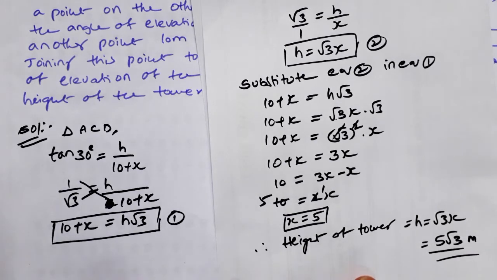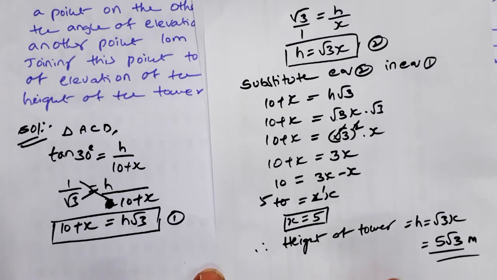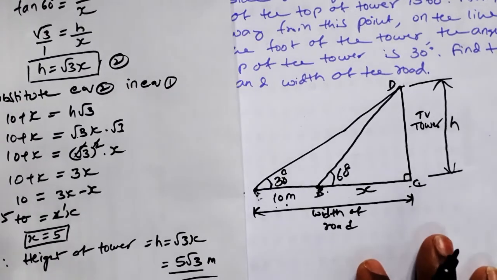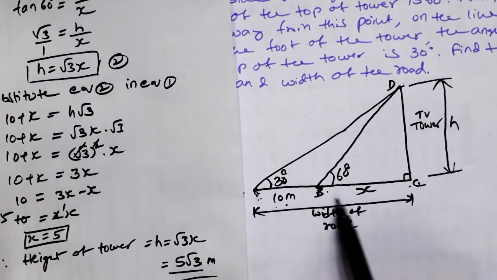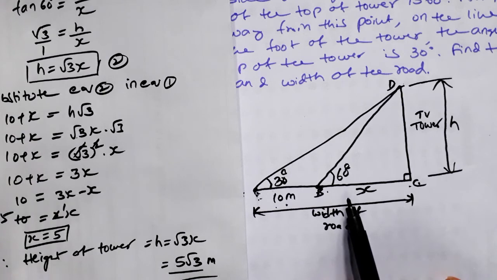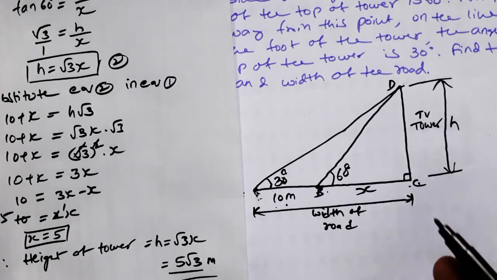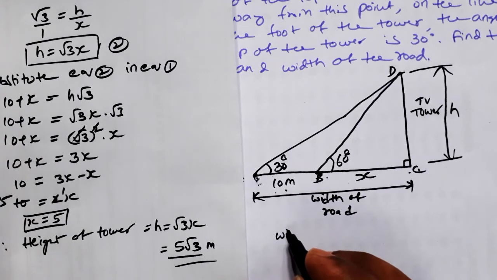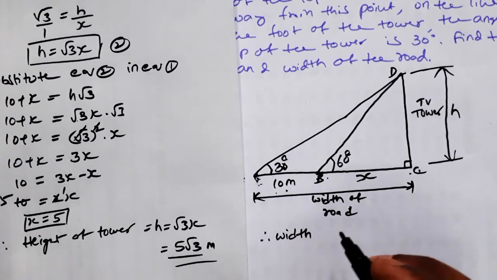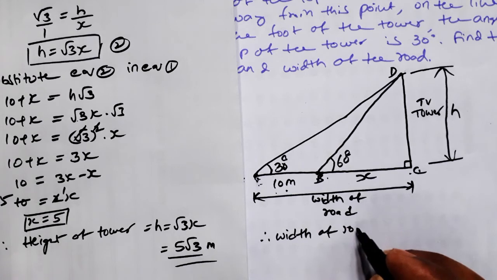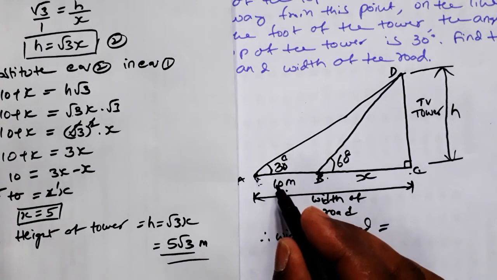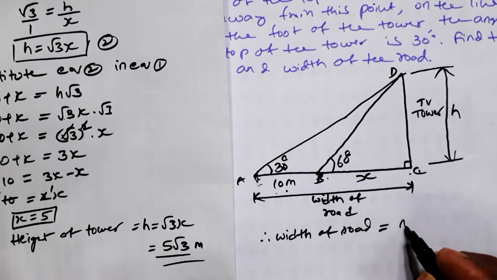But we also have to find the width of the road, no? See here, this is the width. This is the width of the road. So width of the road, what can we write? Therefore width of the road equals, this is AC.